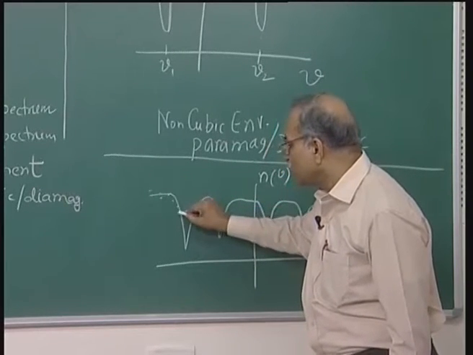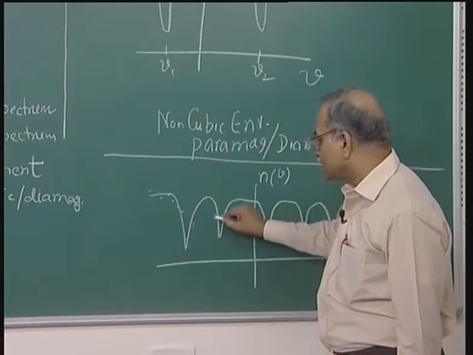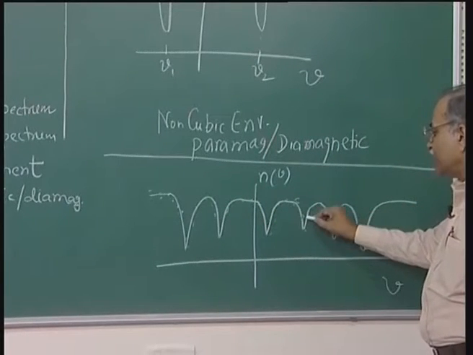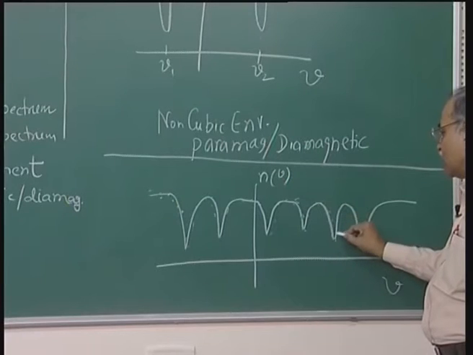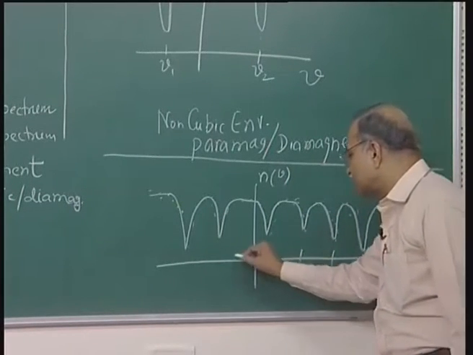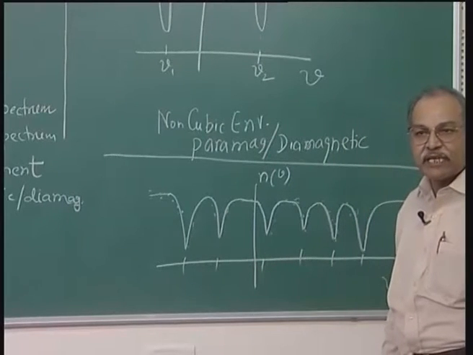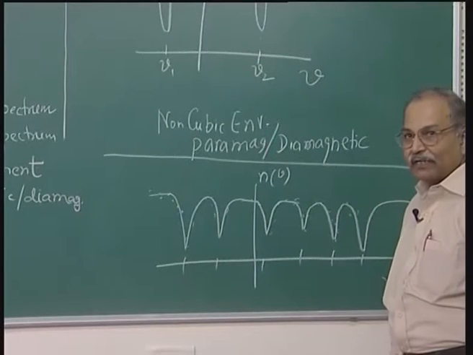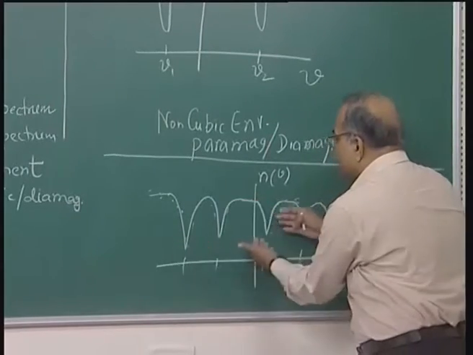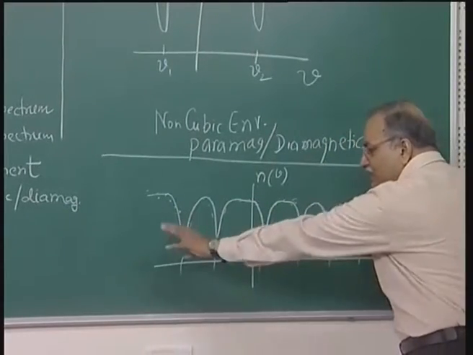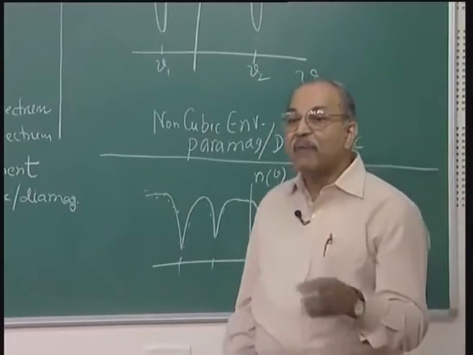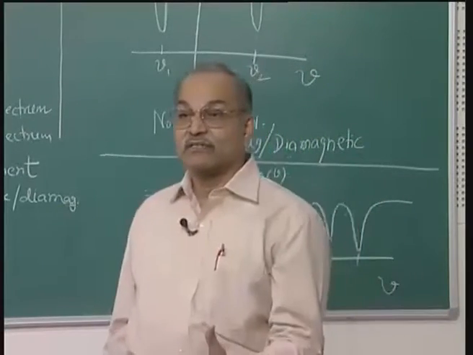Your counts will be distributed around this. So, you will have a 6 line pattern if your system is ferromagnetic or antiferromagnetic. These are 6 different velocities where the resonance is taking place, and by measuring these intensities, these splittings, these positions, you know about the magnetic properties of the solid.